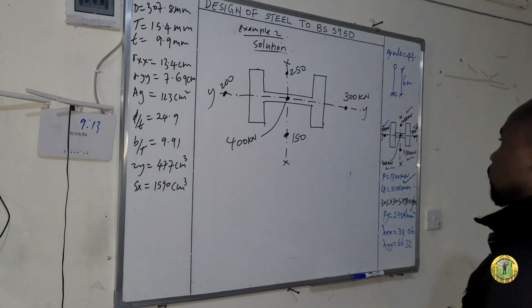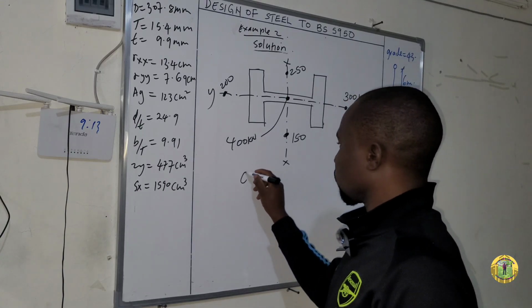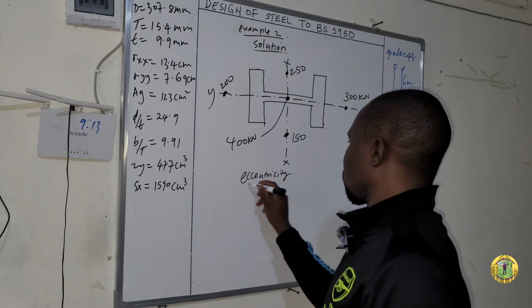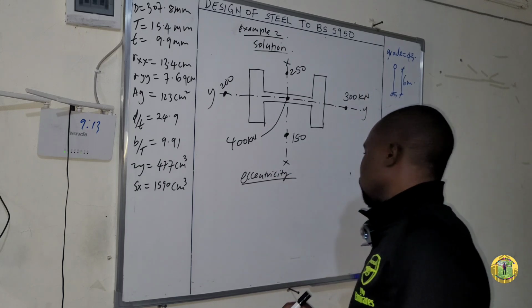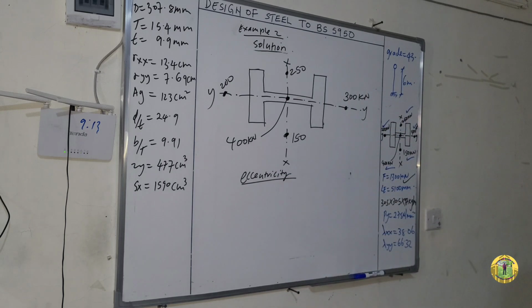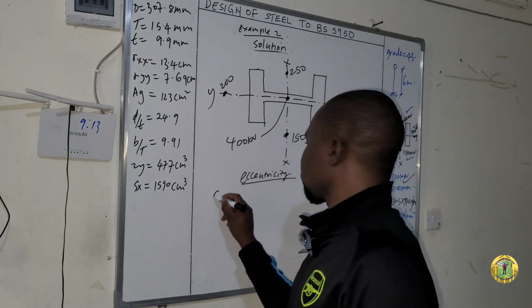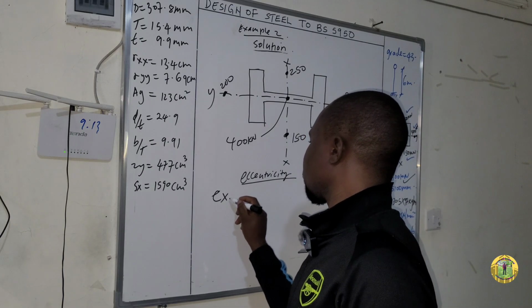So eccentricity, why are we determining the value of eccentricity? Because this value will help us to calculate the moment about the XX and YY axis. So let's begin with EX.